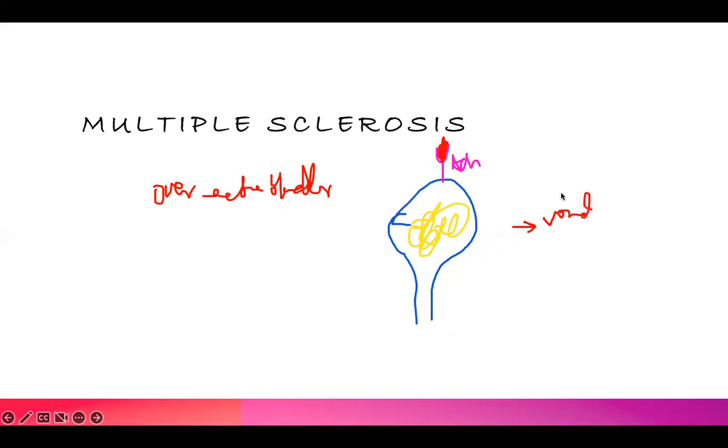So if you have acetylcholine, your bladder will do what? Void. It is involved in voiding, so emptying your bladder. Okay? So if you block this acetylcholine, there's no acetylcholine, you go into retention.